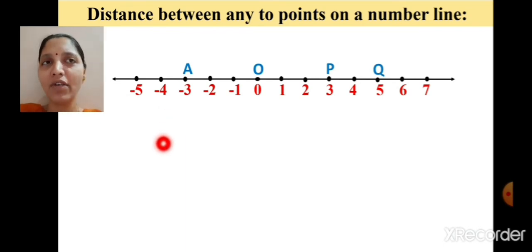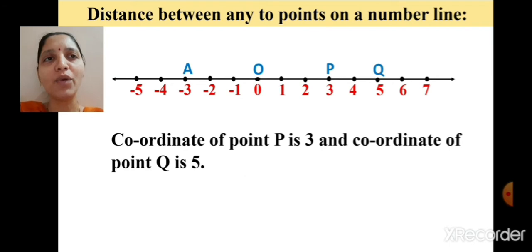So in the previous standard we have learned how to find the distance between any 2 points. Okay. So if I have to find the distance between point P and Q, how do I find it? First I have to write the coordinates of these 2 points. So the coordinate of point P is 3 and the coordinate of point Q is 5.